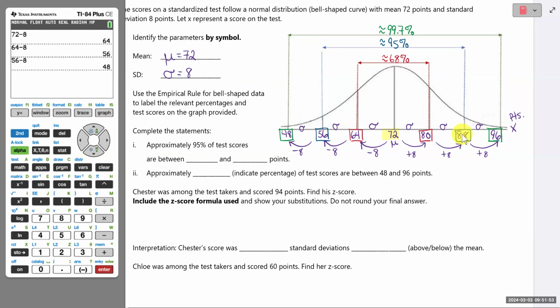So they are within 2 standard deviations of the mean, and that will be 56 and 88 points. All right, approximately what percentage of scores are between 48 and 96? So there's our 48 and our 96. So between 48 and 96 would be 99.7% of scores.